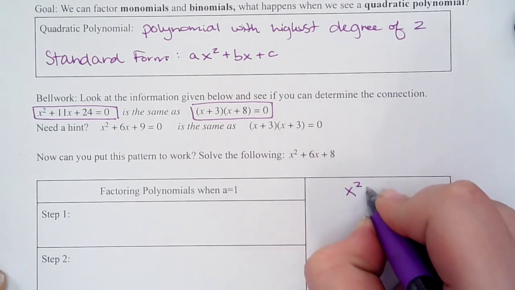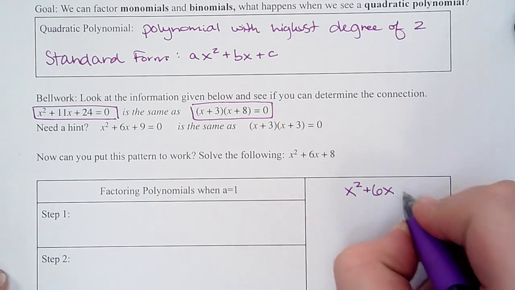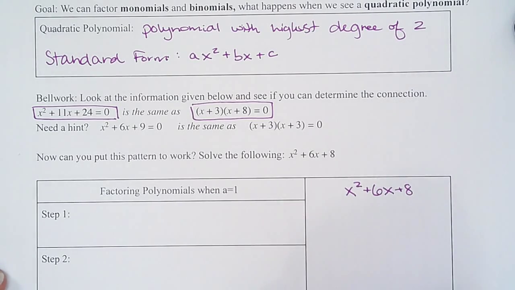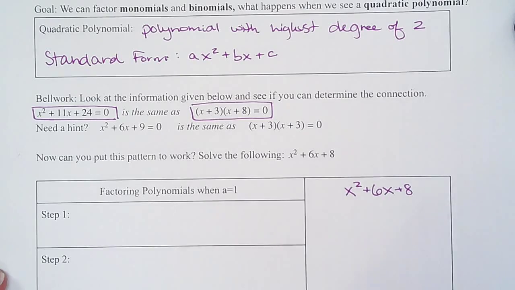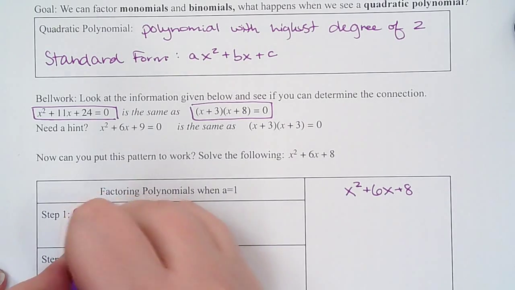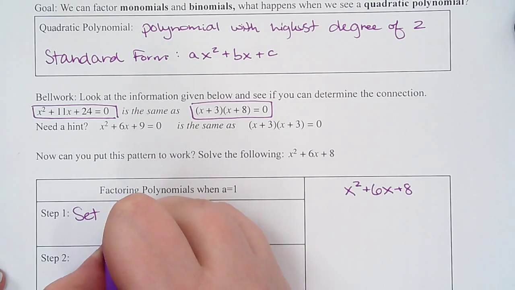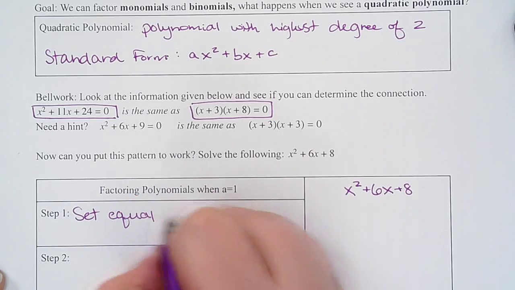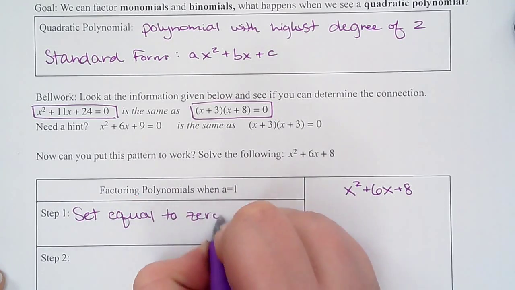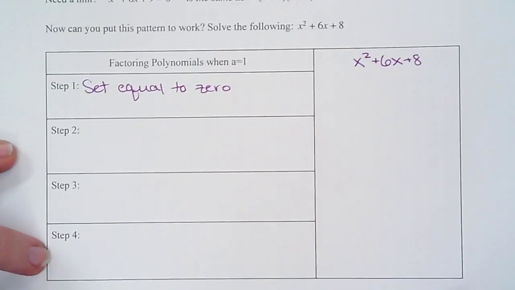If I have x squared plus 6x plus 8, my first step is to set it to 0 if I can, because I need to make sure that all of my terms are on one side. So set equal to 0, just to make sure I've got everything in one place.